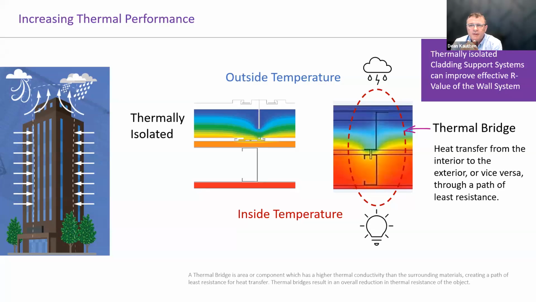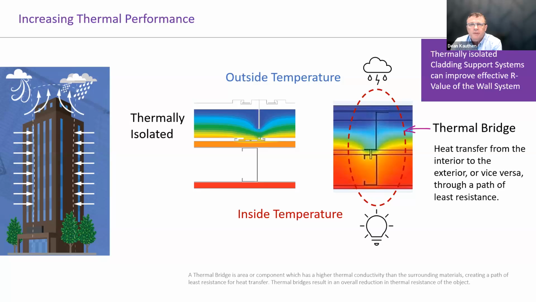And this can create an environment that's not quite as comfortable for the occupants and certainly not energy efficient. And then on the left, we see an example of a thermally isolated system where a more advanced cladding support system using a polyamide material, for example, that has a low thermal conductivity has successfully reduced the opportunity for heat loss.